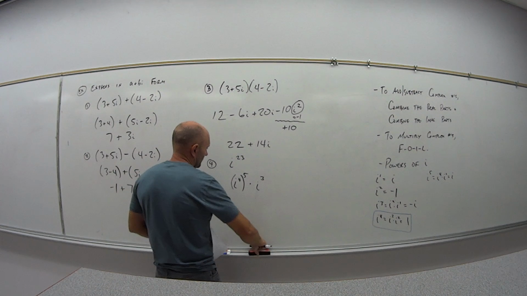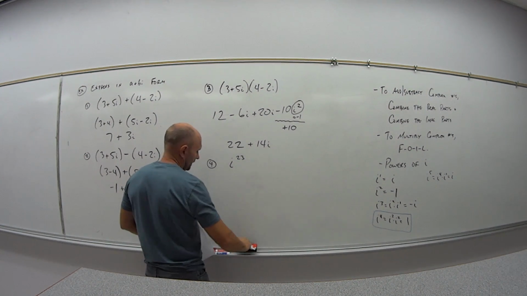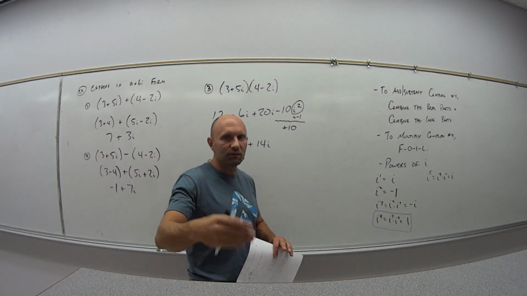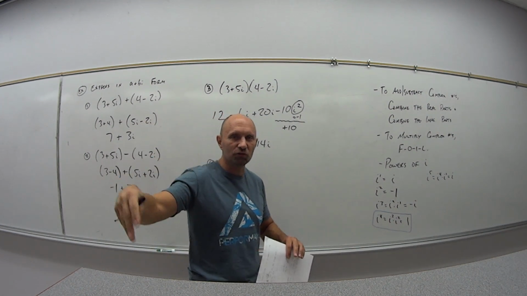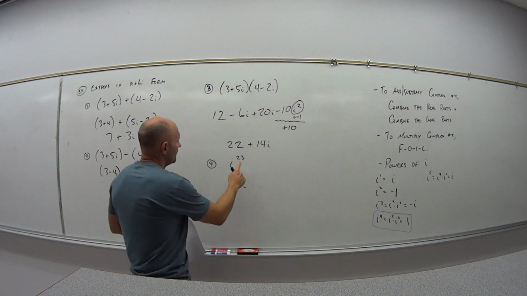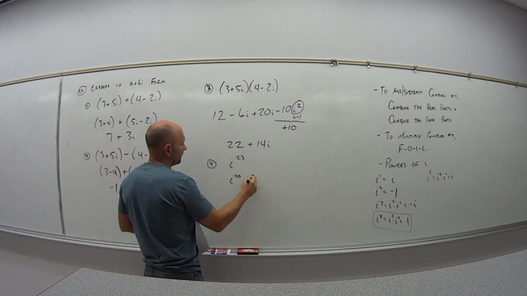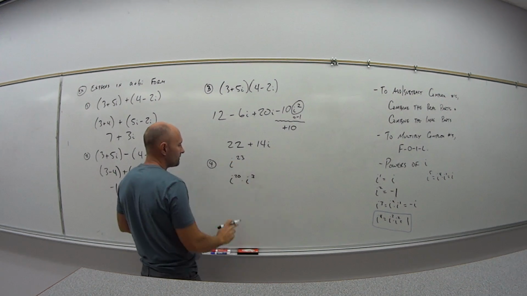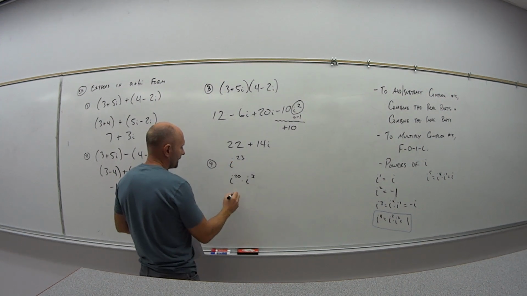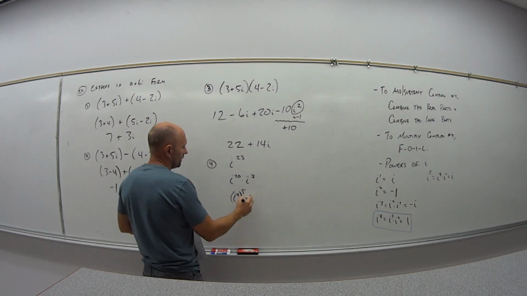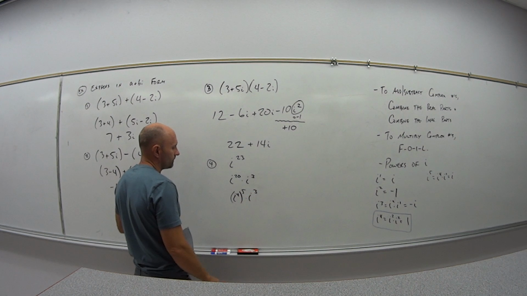So maybe, let me do one extra step. So I want to have powers of 4. So that's 4, 8, 12, 16, 20, 24, etc. So this one I can really write as i to the 20th times i to the 3rd, that's 23. And this i to the 20th I can write as i to the 4th, that's what I want, to the 5th power, times i to the 3rd.